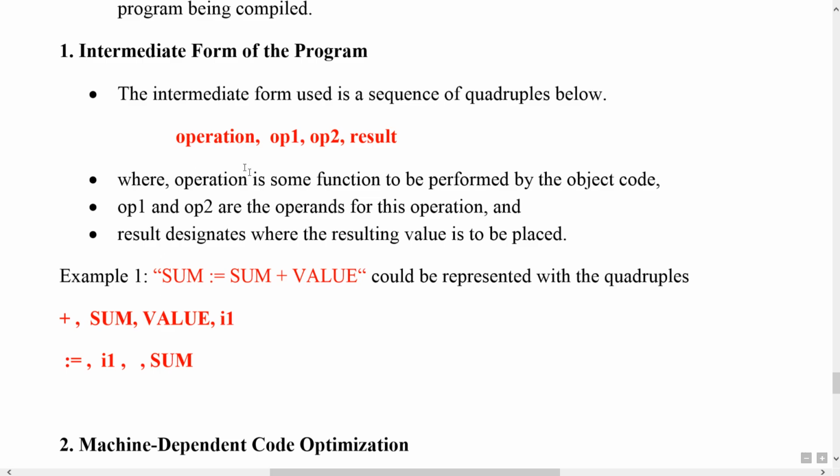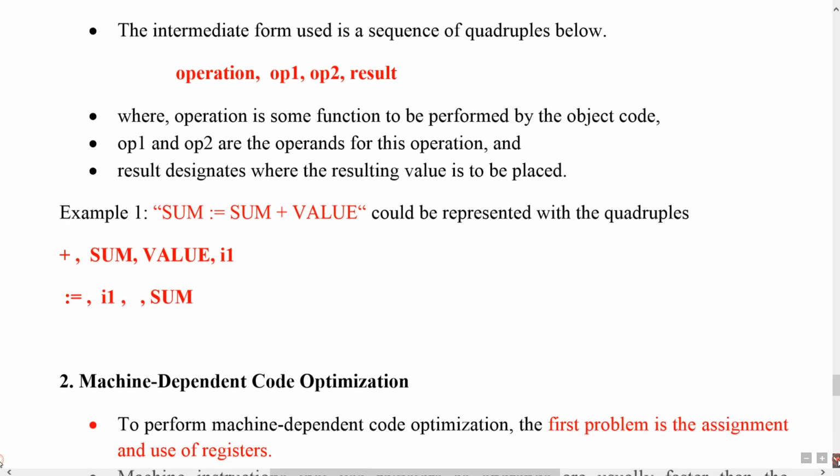This is a simple example with quadruples. The intermediate form of a program depends upon the machine, because the temporary results are stored in registers, and those register assignments depend upon the machine architecture.